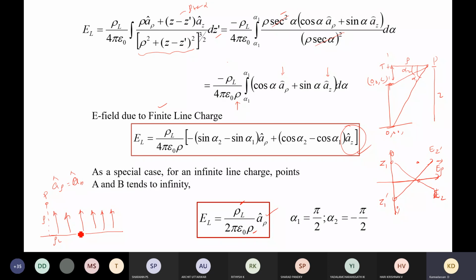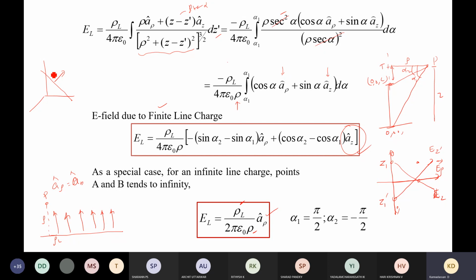The normal vector is along whichever direction it is available. If it is available along the X, Y, Z axis, you can easily get the normal vector. But if the line is available in an arbitrary direction, let's say like this, then you have to calculate the perpendicular direction. That is what we are going to see in the next class.